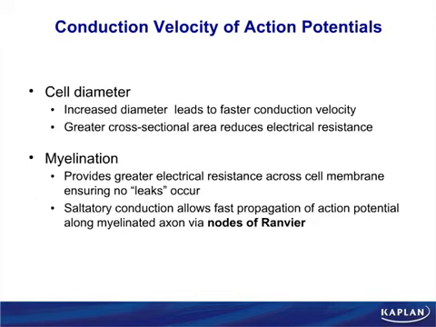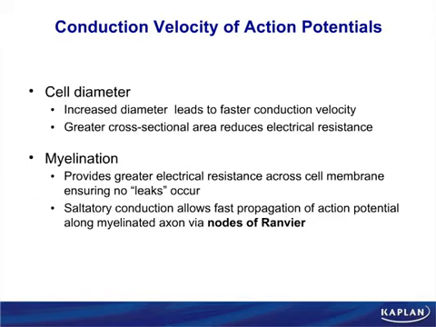Saltatory conduction is a term we give because hopefully you remember that there are breaks in the myelin. Those are called nodes of Ranvier. These nodes of Ranvier are where we have clusters. Now, before I talked about the idea of thinking of a rope or a hose with little clusters of fast sodium channels.